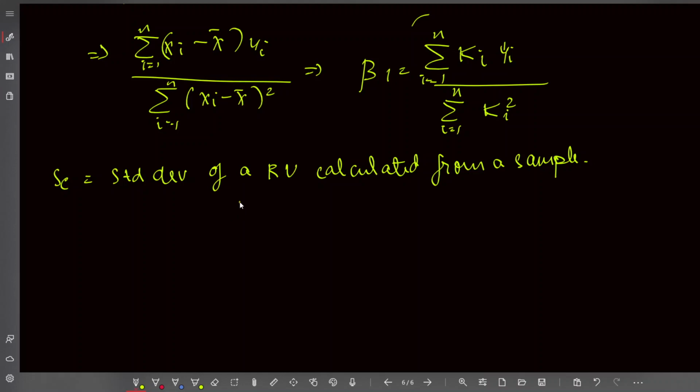So the standard deviation of the population is equal to the standard deviation of the sample, if this is a Gaussian distribution.